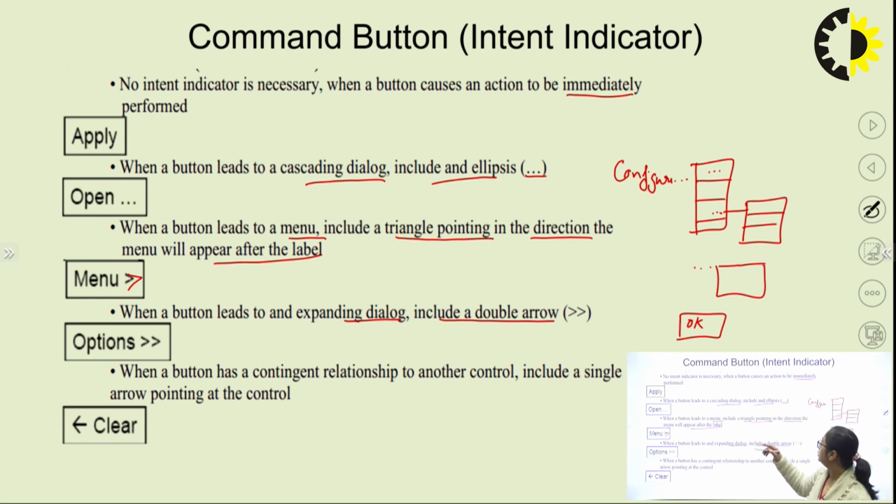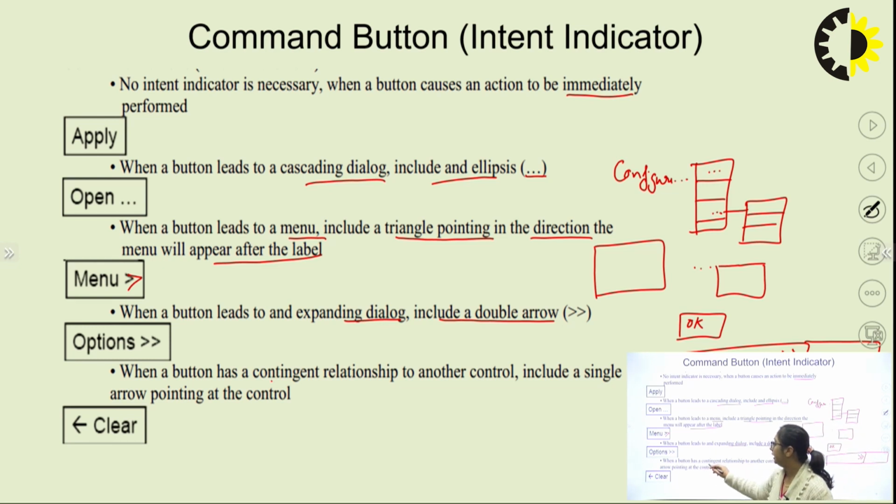Okay, suppose there is some menu here. In the last you can see this double triangular arrow. When you click on that, it will expand like that. Okay, so it will keep expanding until this triangular arrow is finished. Next, when a button has a contingent relationship to another control, include a single arrow pointing to that control.